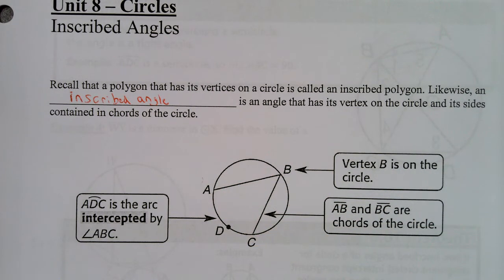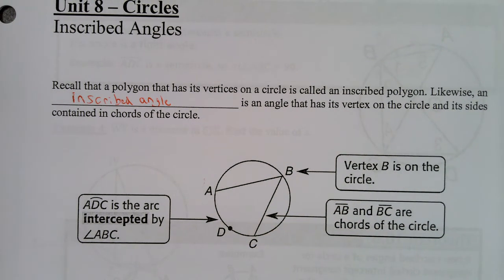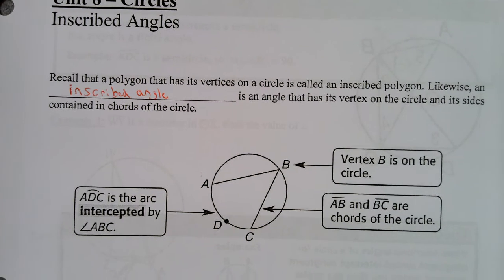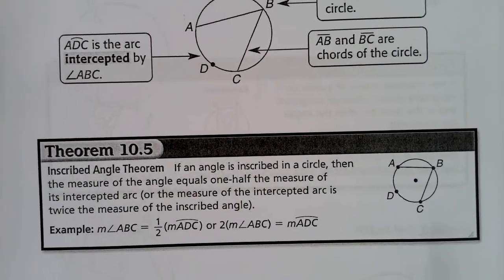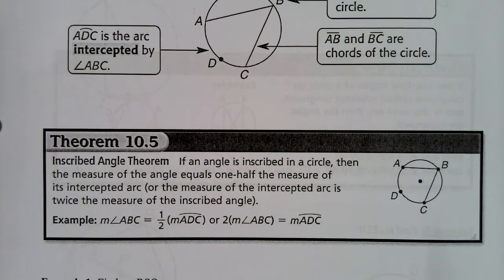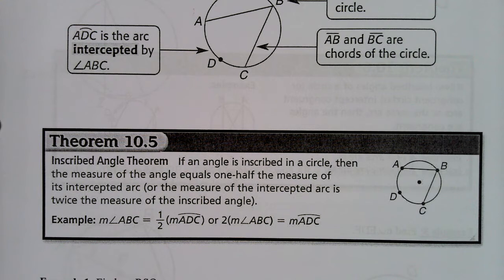Now, central angles are equal to the arcs they intercept. Inscribed angles are not equal to the arcs they intercept. We need to know the inscribed angle theorem. It says, if an angle is inscribed in a circle, then the measure of the angle equals 1/2 the measure of its intercepted arc.